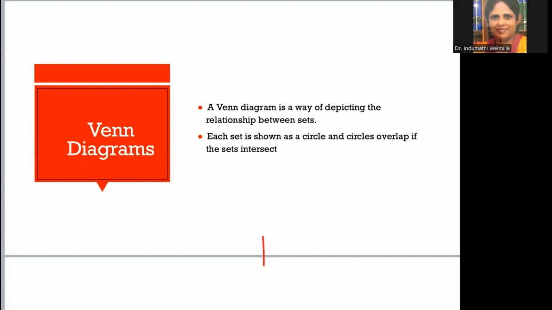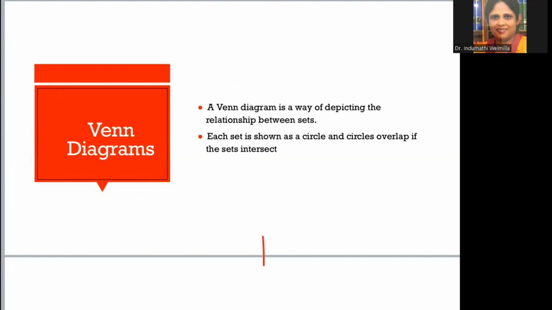One more thing, the sample space is represented by a rectangle which is drawn around all the circles, and we write the set name of the sample space. If we want to partition the sample set into multiple parts, we draw lines to divide the rectangle into the required number of parts.